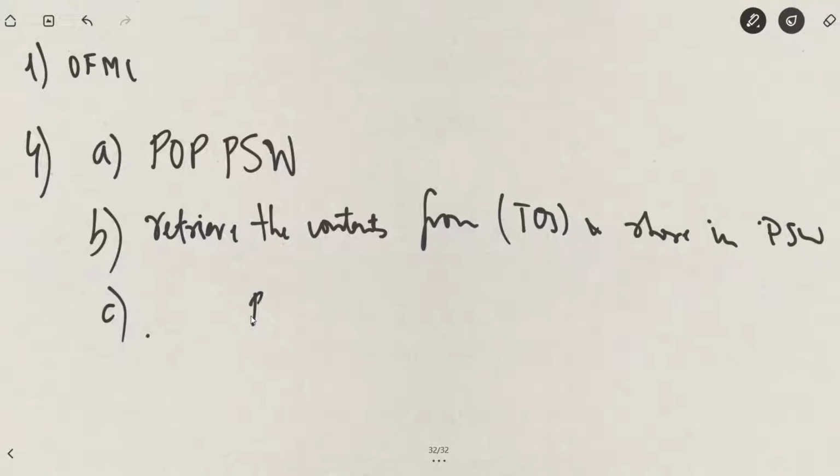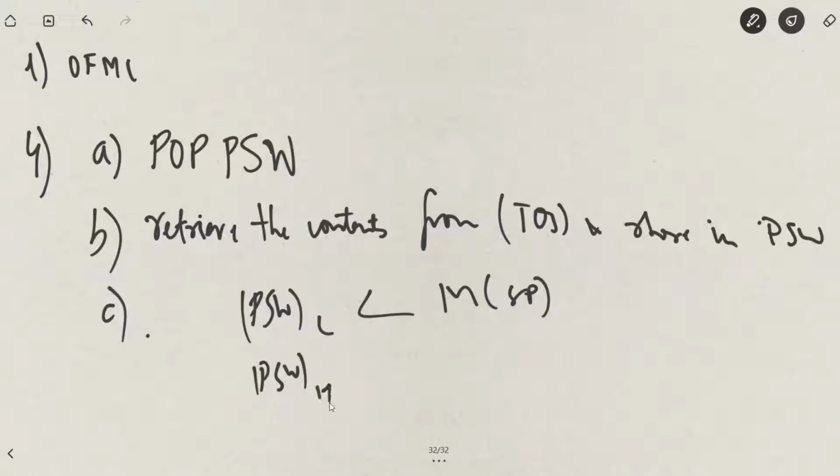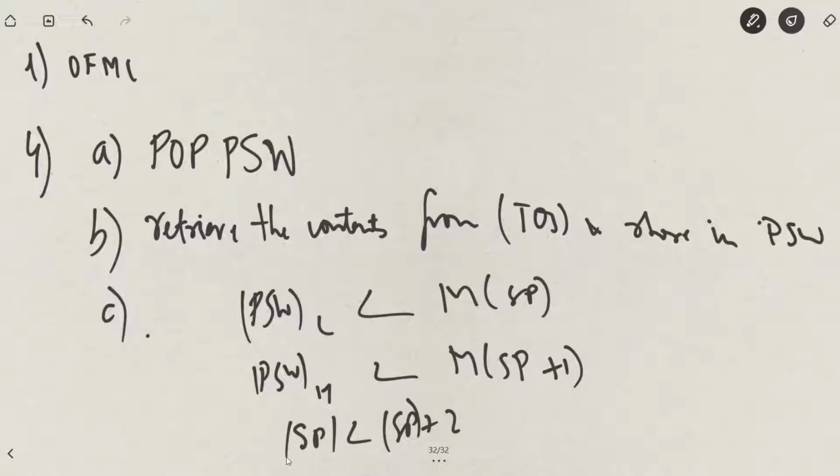So PSWL will be loaded with MSP, PSWH will be loaded with MSP plus 1, and SP will be loaded with SP plus 2. So this is your instruction pop PSW. Whatever was on the top of the stack will be retrieved and stored in the processor status word.